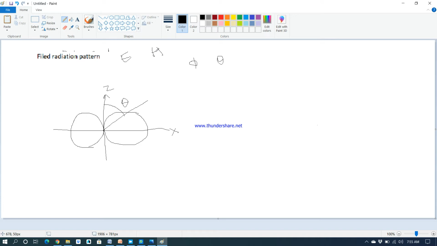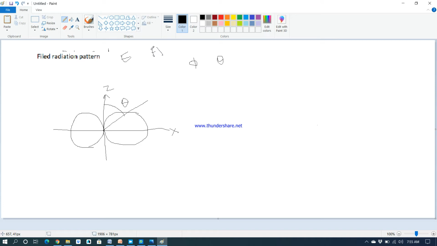So these planes, that is, the E plane and H plane, are called principal planes, and the two plots or patterns are called two principal plane patterns.